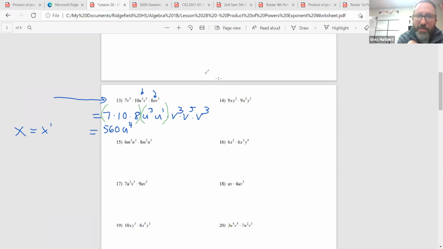And now I'm going to do all my v variables together. They all have the same base, and so I can add all these exponents together. So 3 plus 5 is 8, and 8 plus 3 more is 11. That would be v to the 11th. And this would be my solution simplified: 560 multiplied by u to the 4th times v to the 11th.